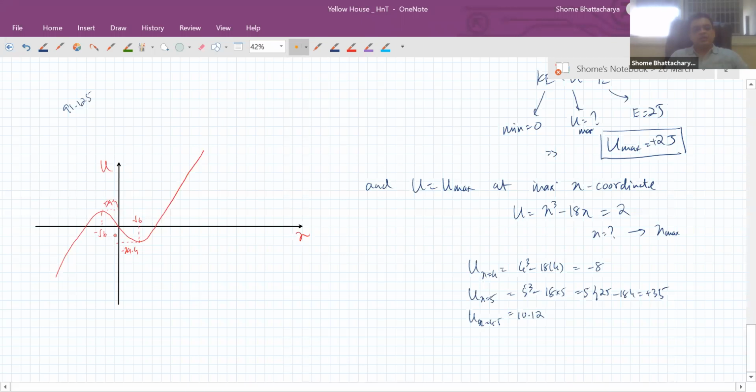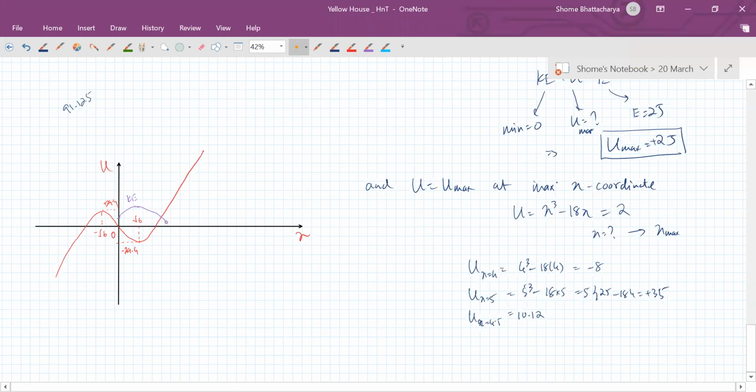Now what is happening is that when we start off, our kinetic energy is some positive value, 4 joules or 2 joules or whatever. Initially our potential energy is decreasing, so our kinetic energy will increase. It reaches the maximum at root 6. But then our potential energy starts increasing, so our kinetic energy starts decreasing.